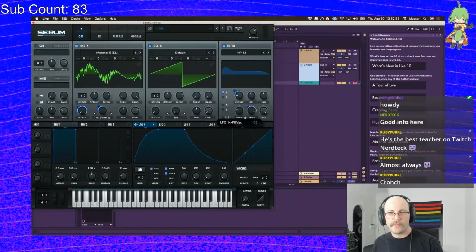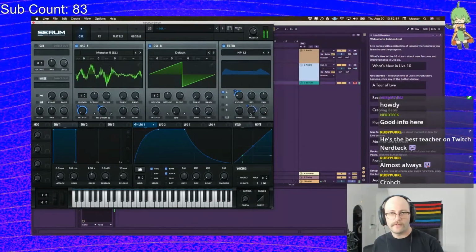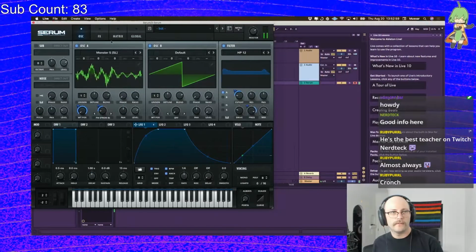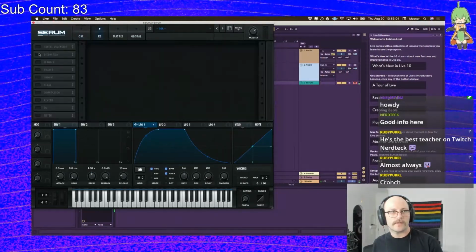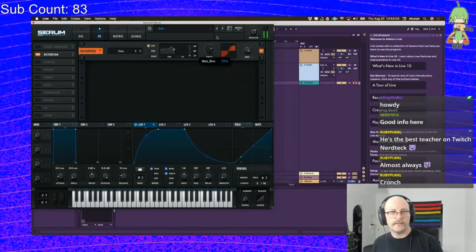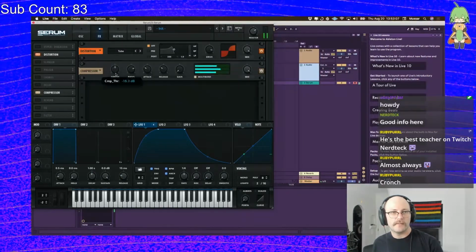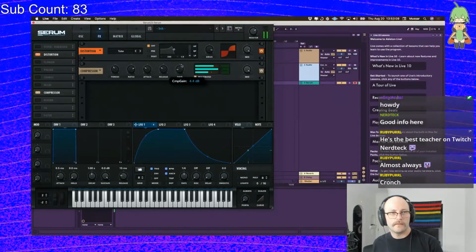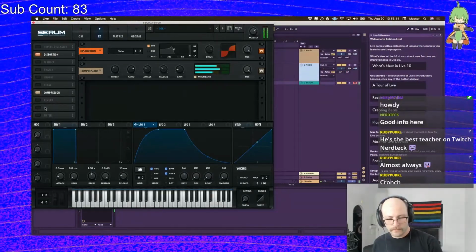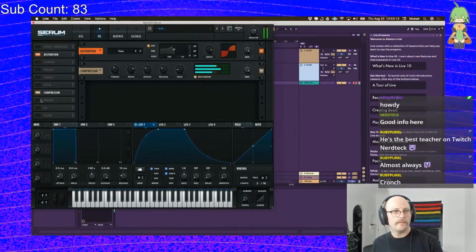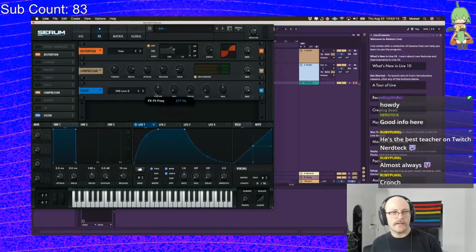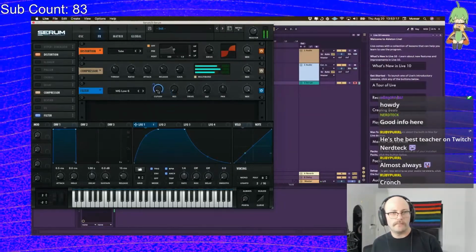Back down this way. All right, so let's go ahead and give it a little bit of distortion. Maybe some OTT. All right, cool. So give this then wub.